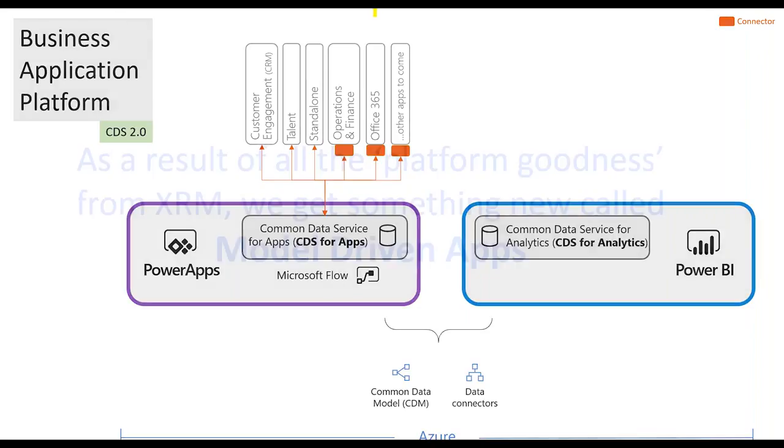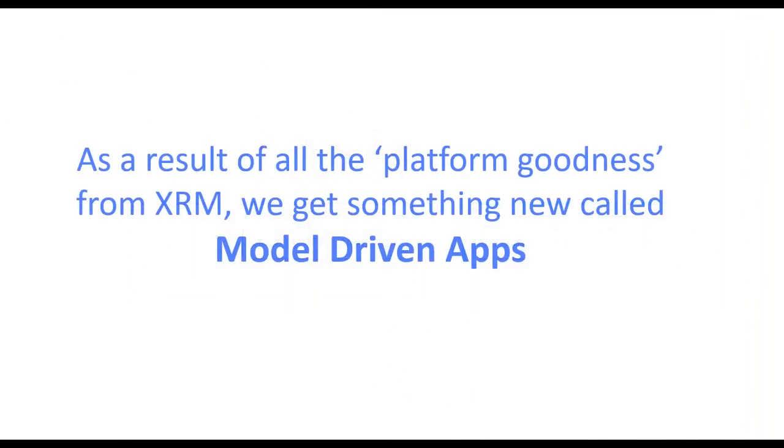So let's move on here. So as a result of the CDS for apps and the fact that it's essentially kind of like the old XRM platform, but it goes a little bit further in that not only does it provide all of the capability of XRM, like the data modeling and all that, but it goes further in that it brings in data from many different sources, such as the 160 connectors I mentioned earlier.